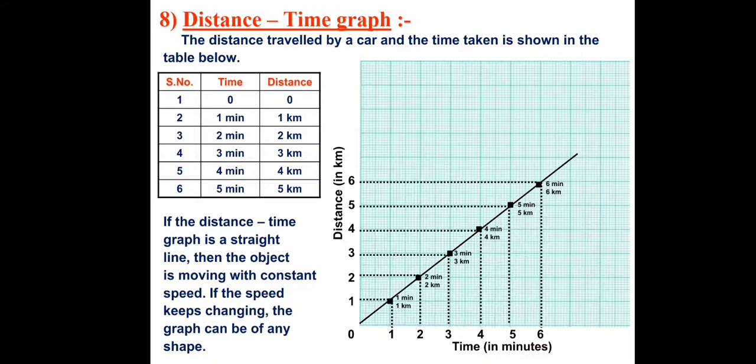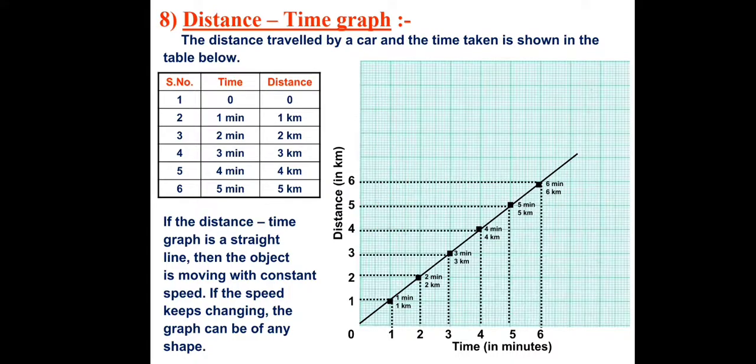So if the distance-time graph is a straight line, for example, in this case, you know, this is y-axis, and this is x-axis. So generally we represent time on x-axis and distance on y-axis.